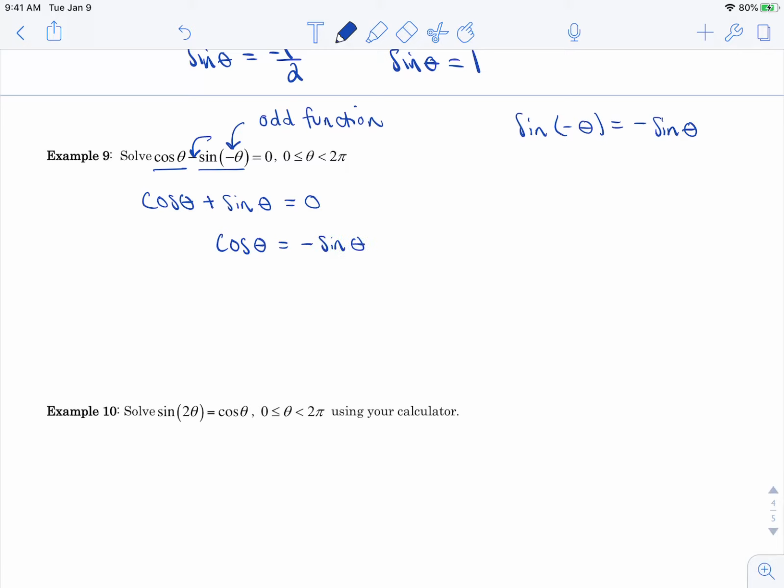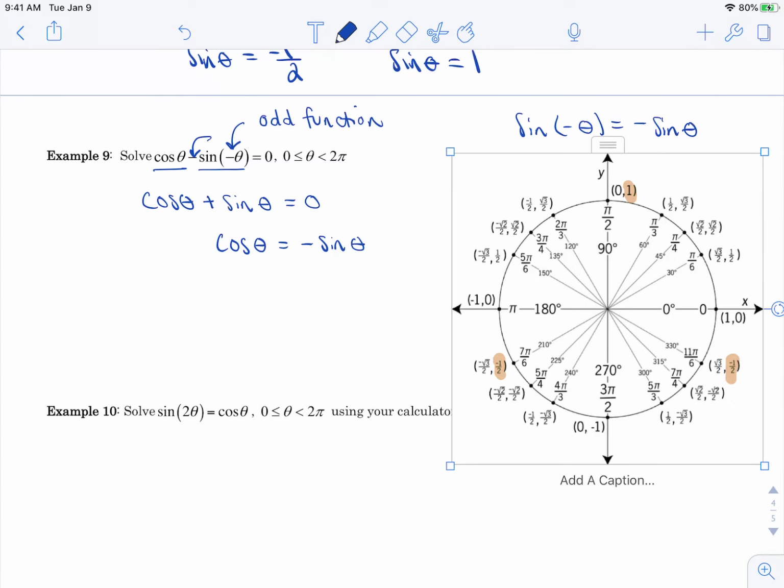Just bear with me. I'm going to pull up this unit circle. Where does, on the unit circle, your cosine, so your x value, give out the same value as your y except y is negative?